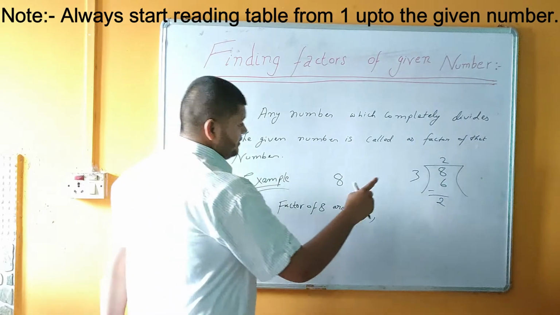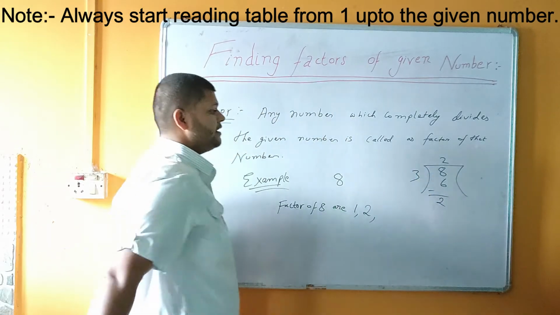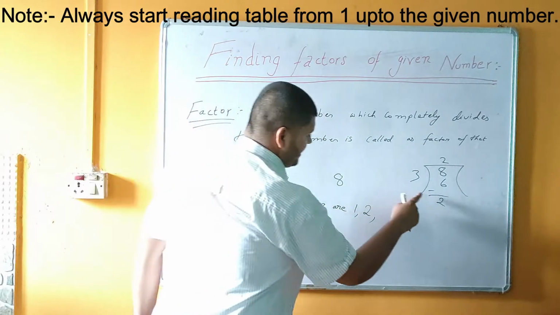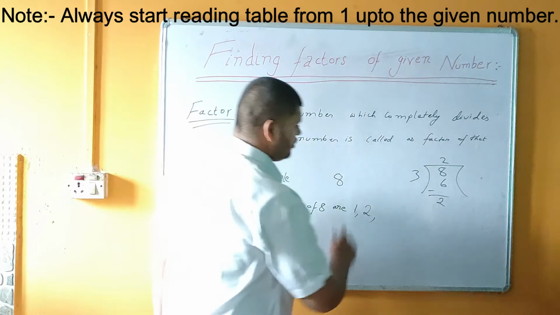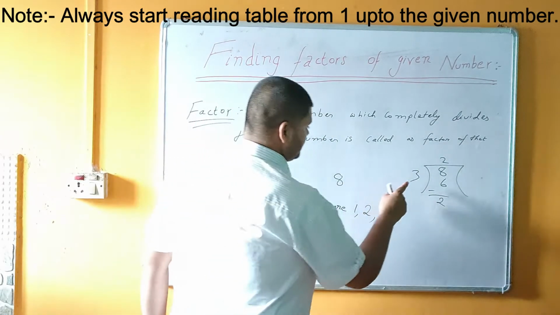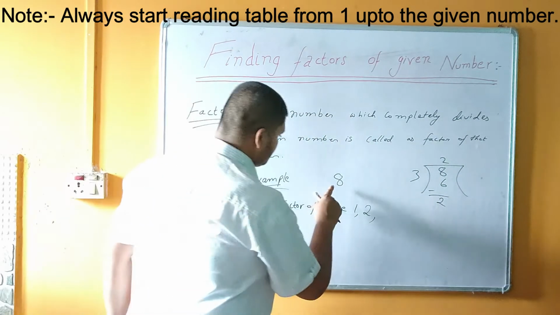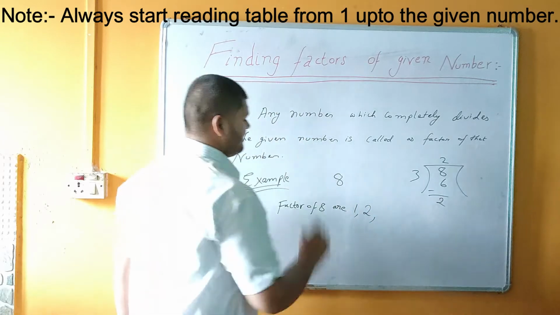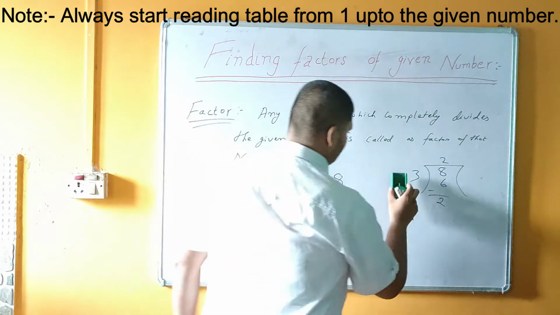So that means this number 3 is not able to divide the given number, that is 8, because the remainder is not 0 over here. If the remainder is not 0, then we can conclude that this number is not the factor of the given number. Here the given number is 8. So this 3 is not the factor of 8, so we will not write it over here. We will move to the next one, that is 4.